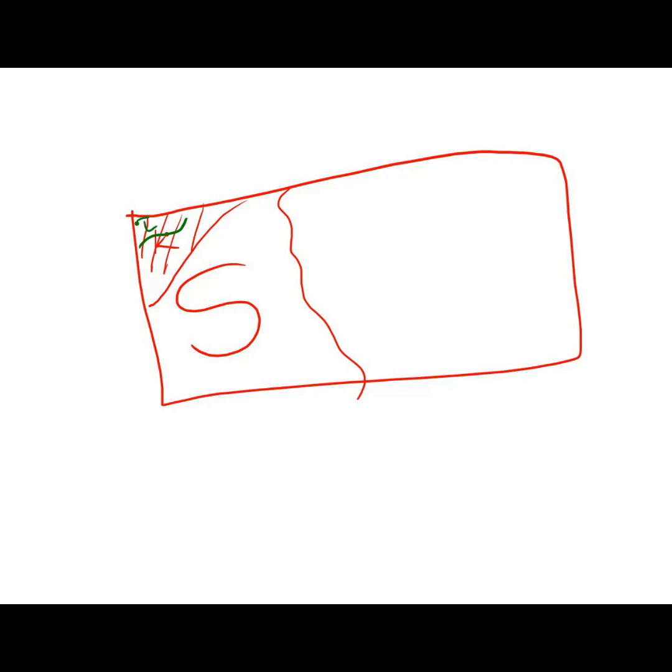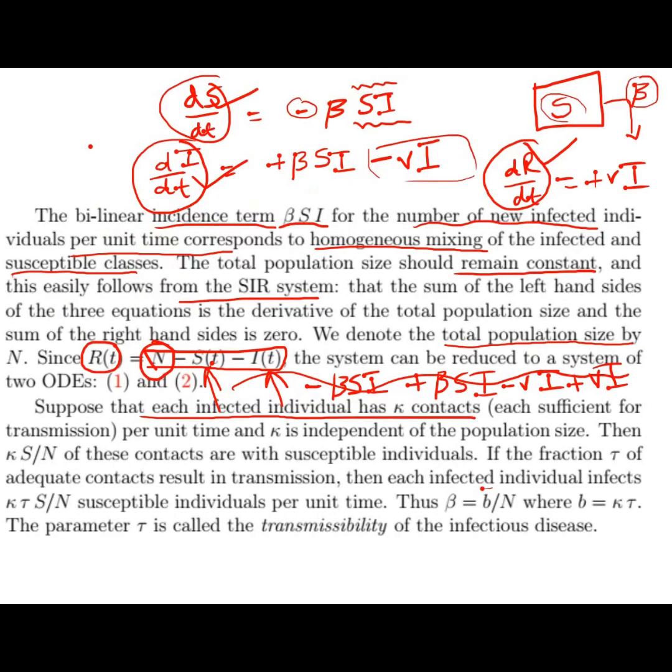So tau represents adequate contacts that result in transmission. And at the end of the day, each infected individual infects K tau S over N, because K tau here is an interaction of my contacts and adequate contacts that result in transmission, and then S is the susceptible population.